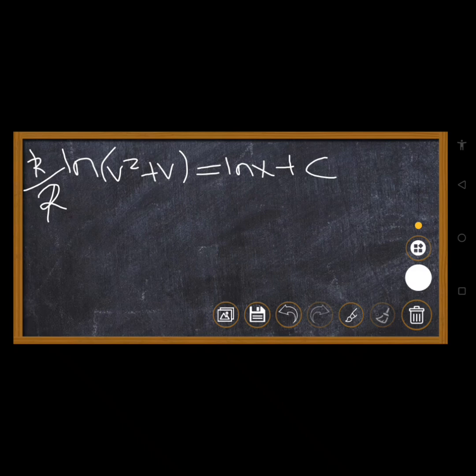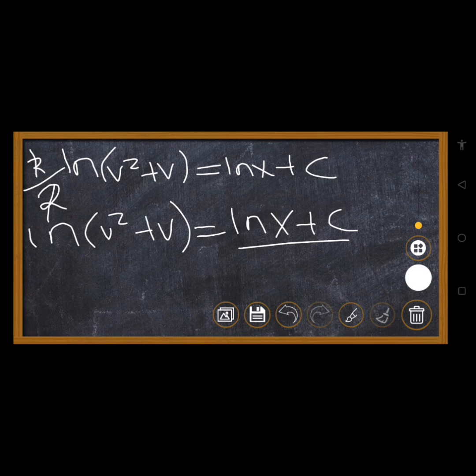So here we just remain with ln of v squared plus v equals ln of x plus constant c. Now when we have this, remember this is a constant, so it can be any value. So writing like this, it can also be written in this form: v squared plus v equals ln of x plus ln of c.